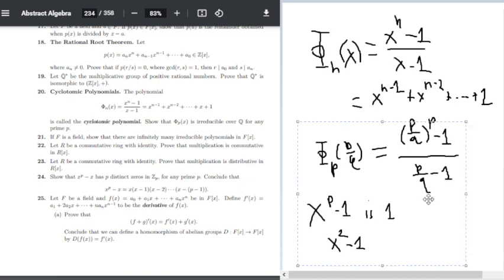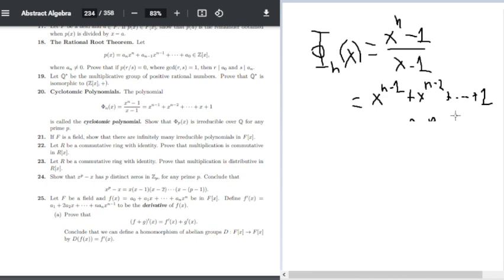So we want to show that, suppose we have x^p minus 1. If x^p minus 1 is equal to 0, then x^p is equal to 1. I mean, first of all, this has to be an integer.